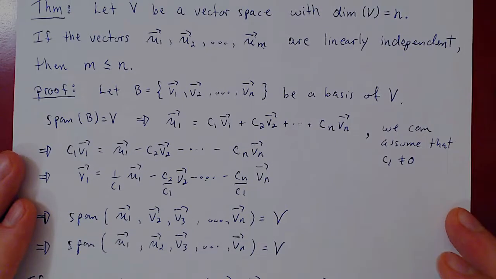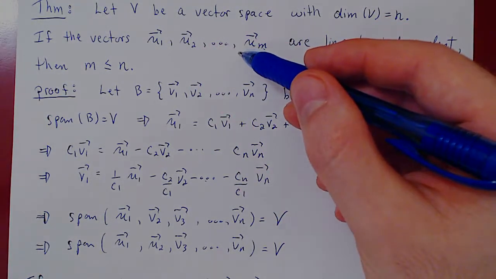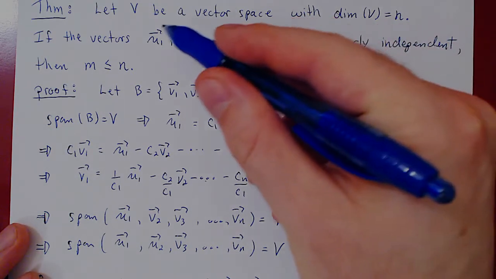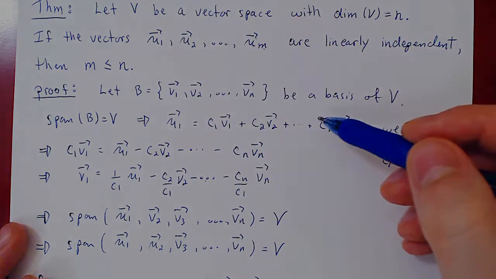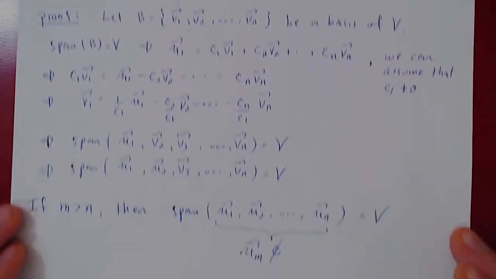But if um is a combination of the previous vectors, we know that by definition this implies that the vectors are linearly dependent, right? This is something that we proved. Vectors are linearly dependent if and only if at least one vector is a linear combination of the others.